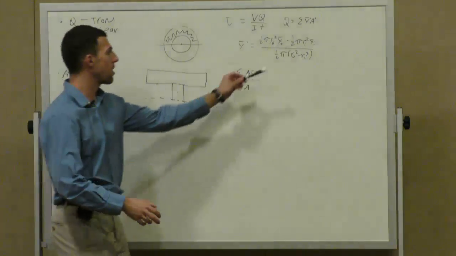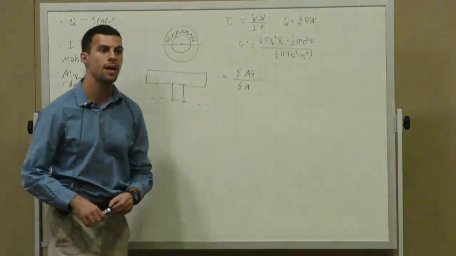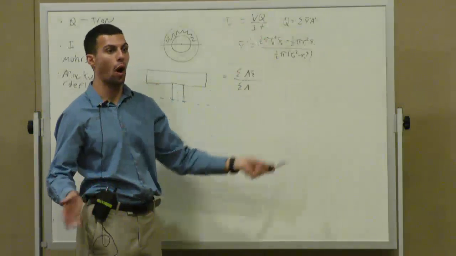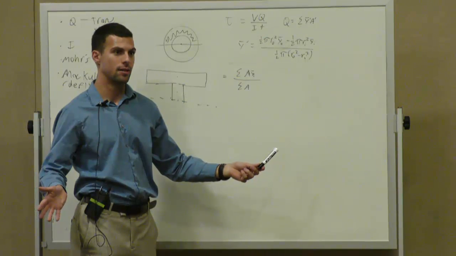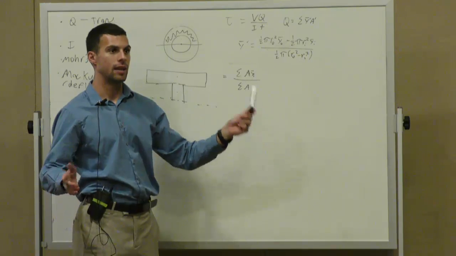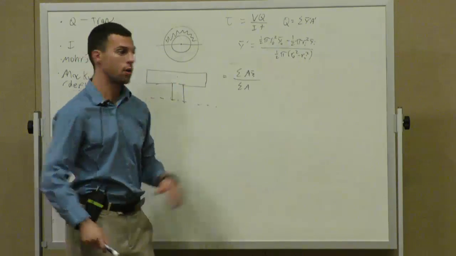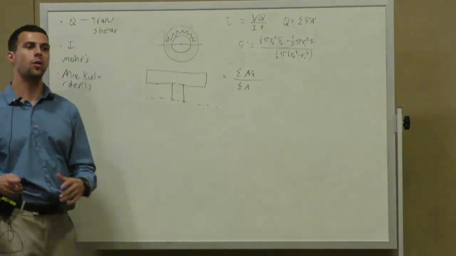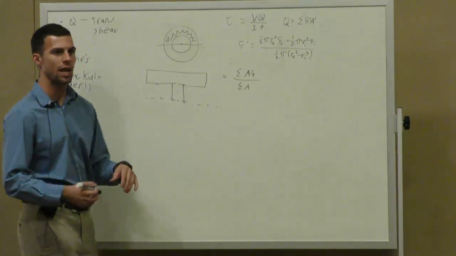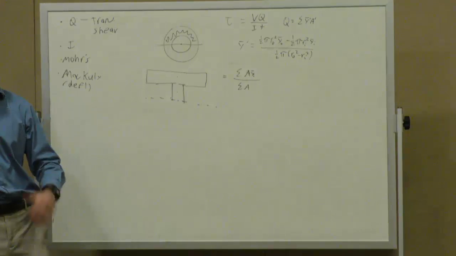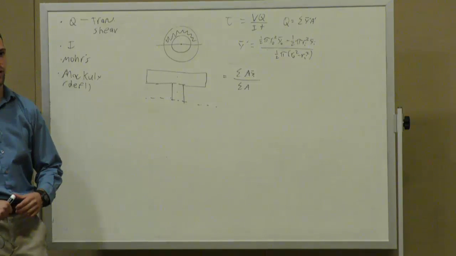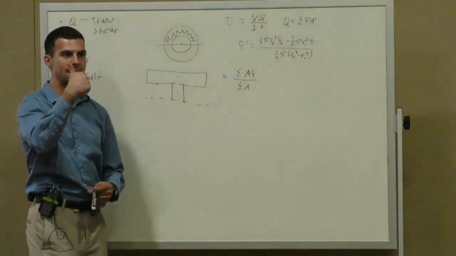Because remember that the y bar prime in this equation is relative to what? It's the point of interest relative to the neutral axis. So you are establishing the neutral axis as your 0 point, as your coordinate. You don't care what happens on the other side of it. Does that make sense?